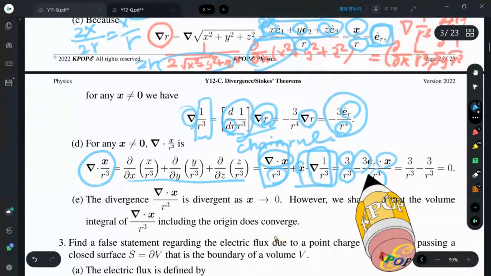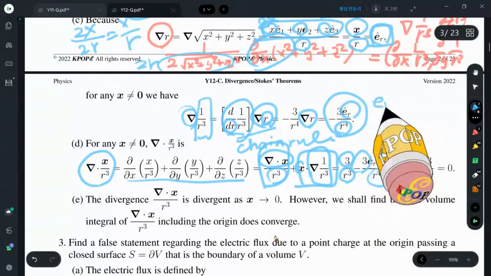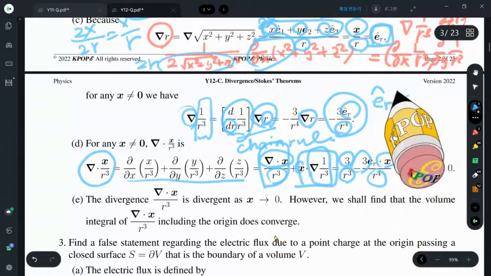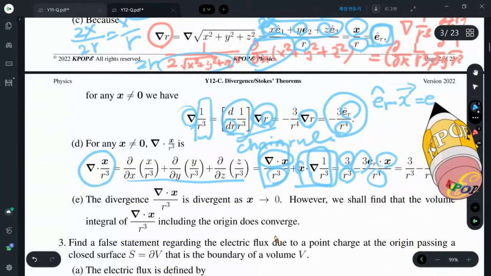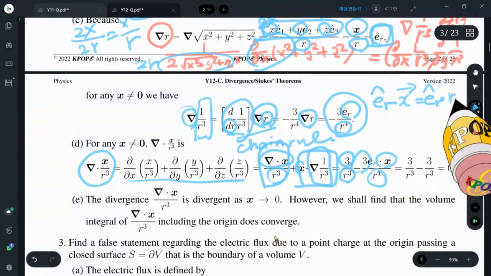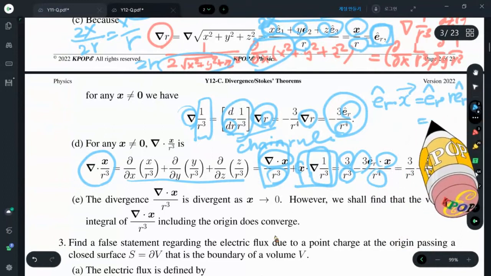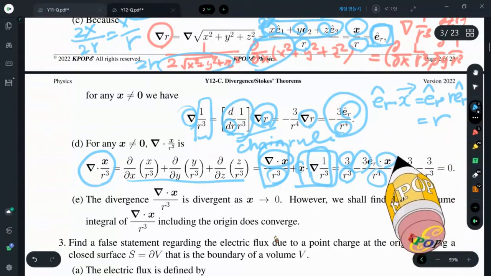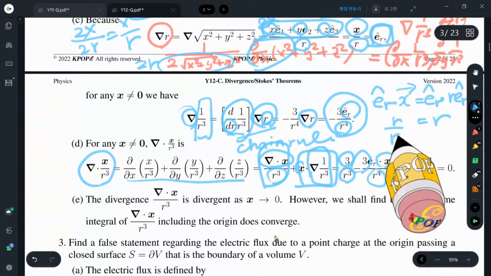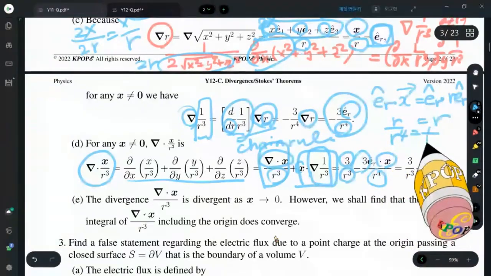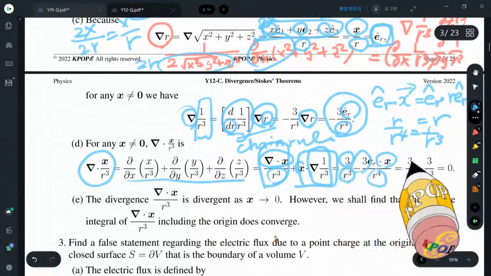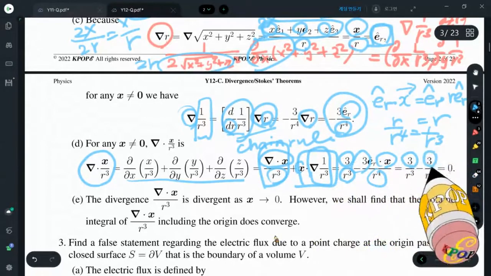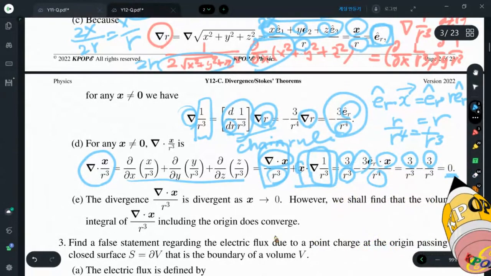Okay. Then what's that? r hat dot x. This is r hat dot r r hat. This is simply r. So r over r to the 4th power is 1 over r cubed. So 3 minus 3 is 0.